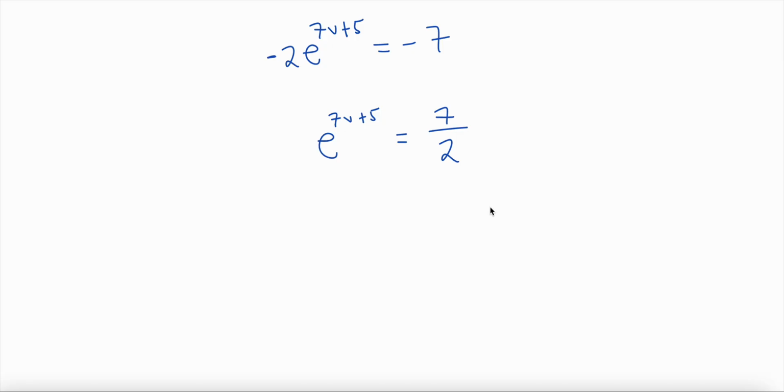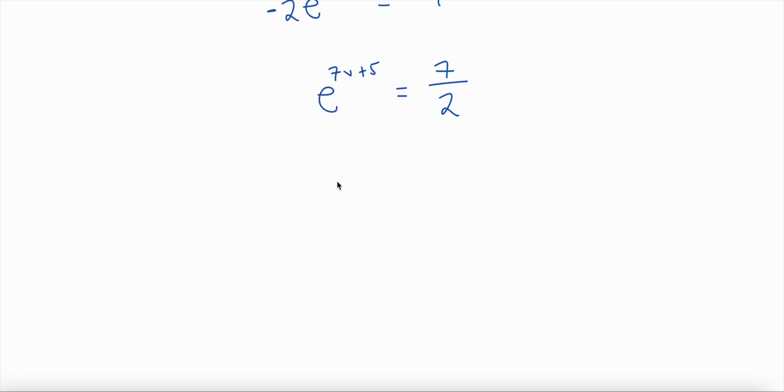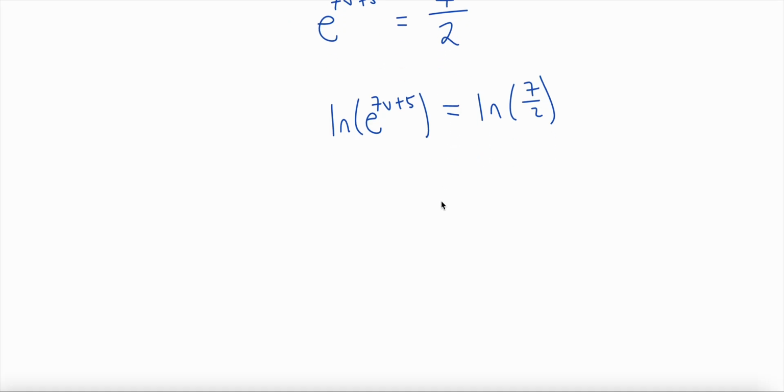Now we can raise both sides, or apply a logarithm to both sides with a base of e. So this is also known as the natural logarithm, written as ln. So I'm going to write that as ln, and we're going to have ln of e to the 7v plus 5 equals ln of 7 over 2. Now this is going to undo this on the left-hand side.